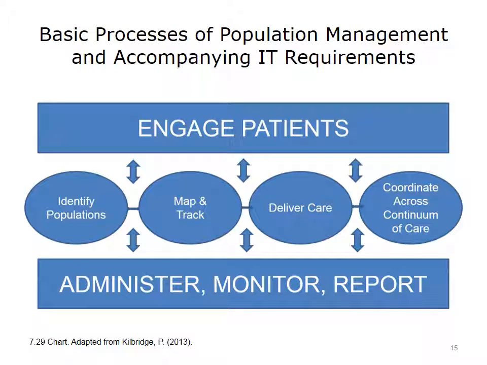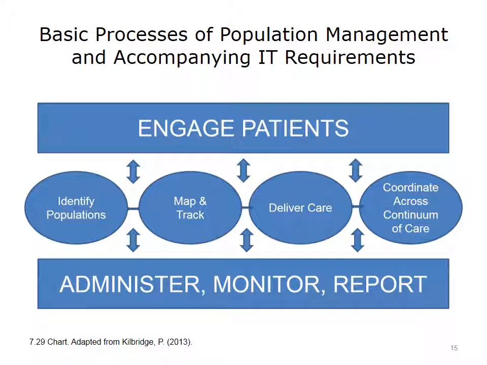In our remaining time, our objective is to look at the basic processes of population management and what IT is required to support population health management interventions. One of the things that population health must do is engage patients, and that includes identifying our populations, mapping and tracking populations, delivering care to populations and subgroups, and then coordinating care across the continuum of care.